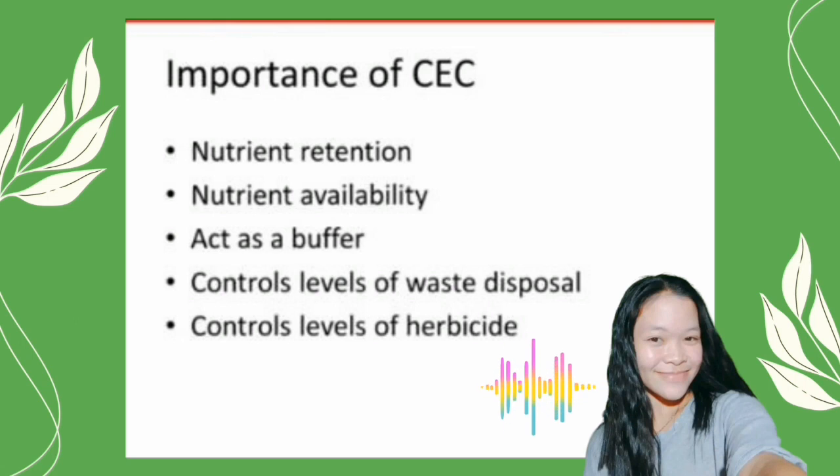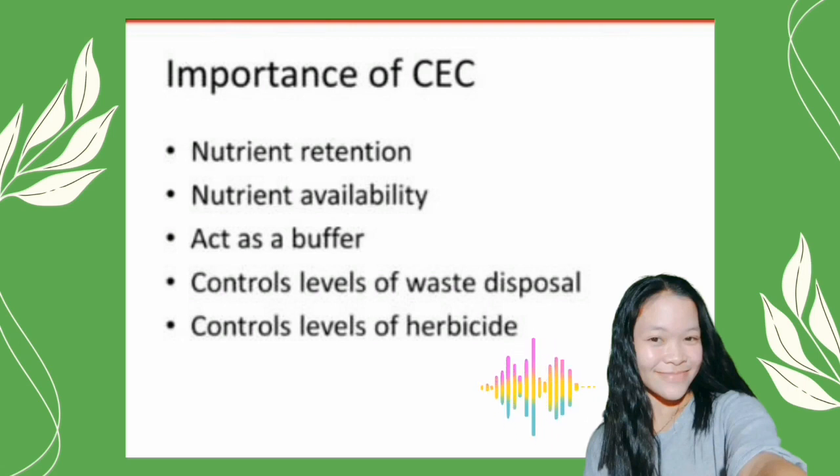The importance of cation exchange capacity is as follows. First, nutrient retention: the ability of soil to hold onto essential nutrients and prevent them from being lost through leaching or runoff. Secondly, we have nutrient availability: those essential nutrients required by plants are present in a form that can be taken up by plant roots for plant growth.